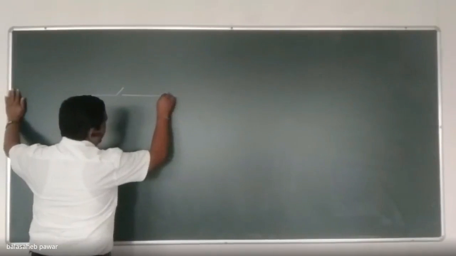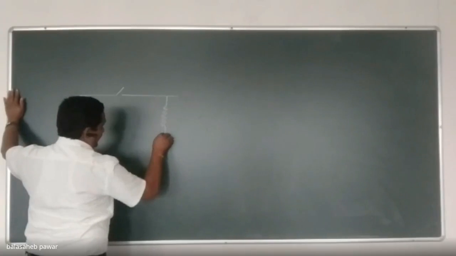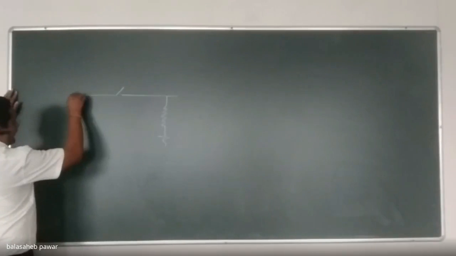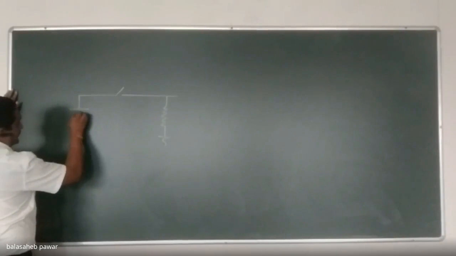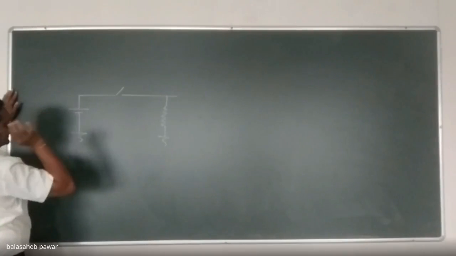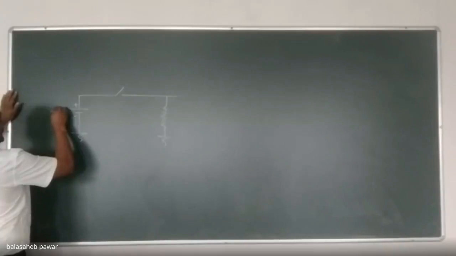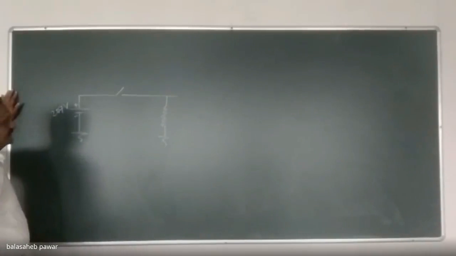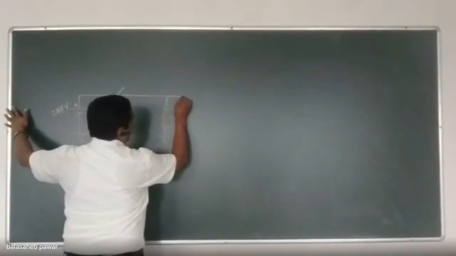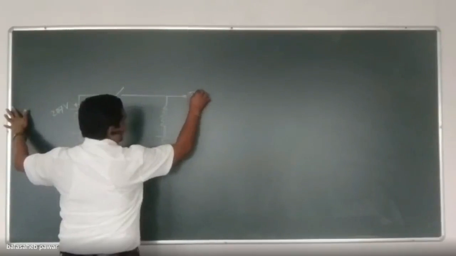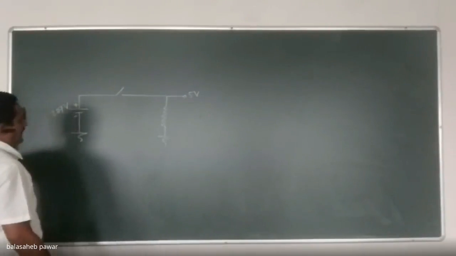So see here, we will take a simple example now. I will consider this one as a switch, and there is some load connected over here and some DC source like this, correct? This DC source is of 207 volts, right? Here our requirement is just 5 volts, correct?